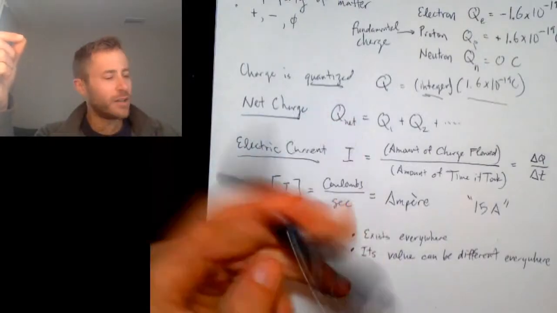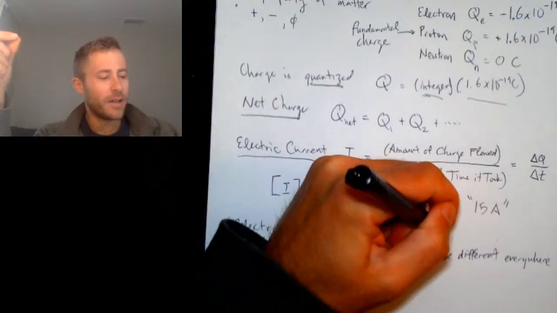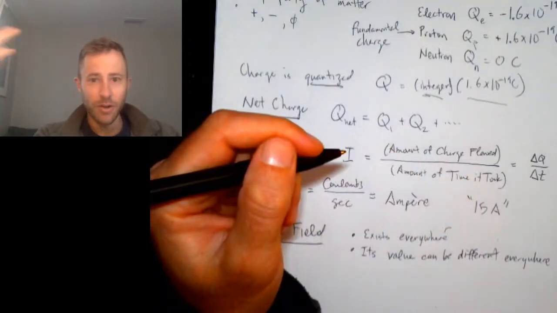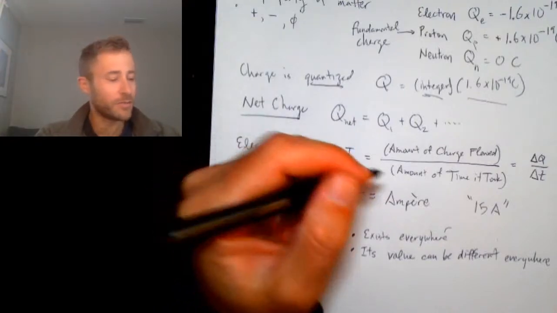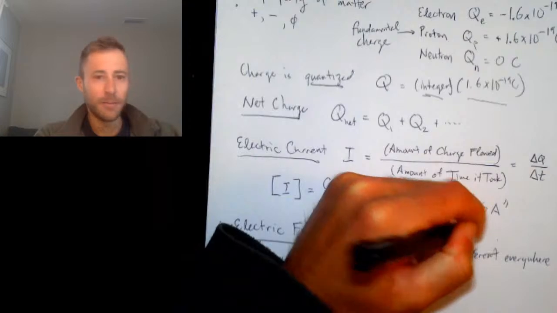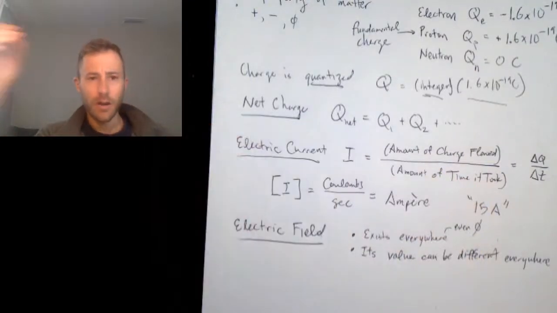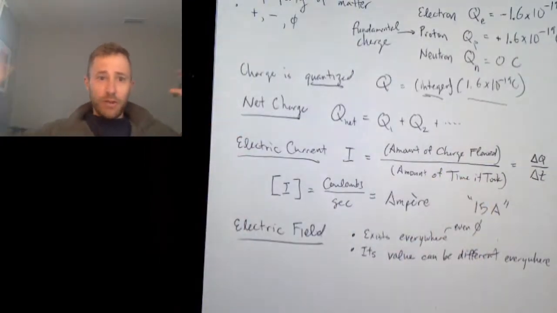So when I say it exists everywhere, I include the places where the electric field equals 0, which still counts as an electric field being present. So there are different values of the electric field everywhere you go in the universe.